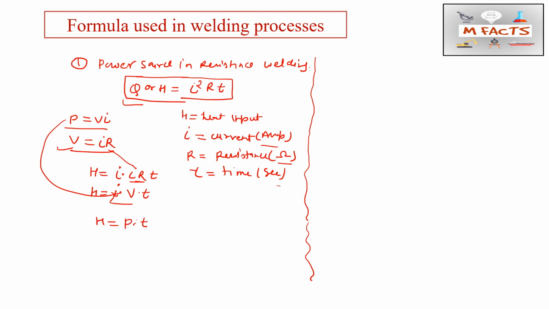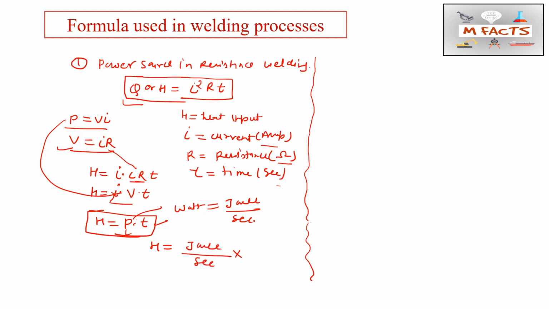We know the unit of power is watt, and watt is equal to joule per second. So the unit of H will be joule per second multiplied by time, meaning seconds. So this second gets cancelled, and H is equal to joule.